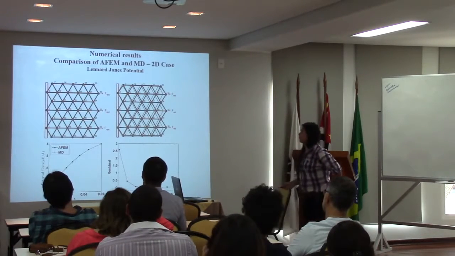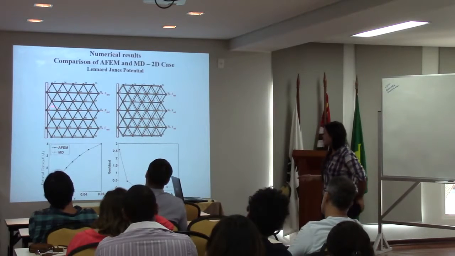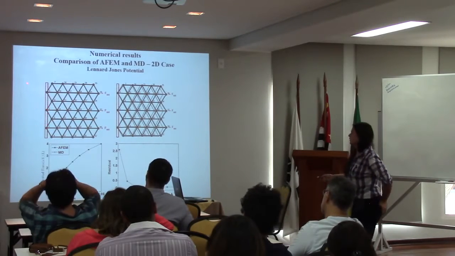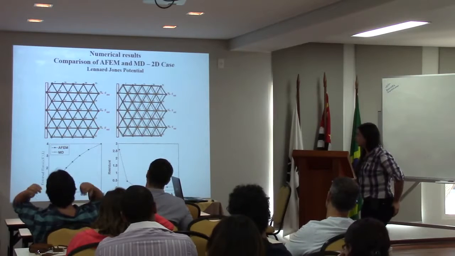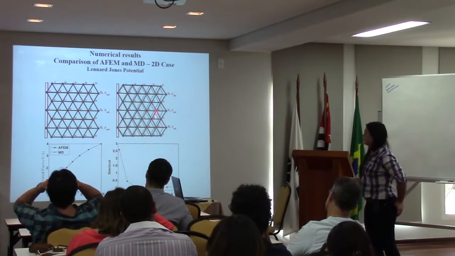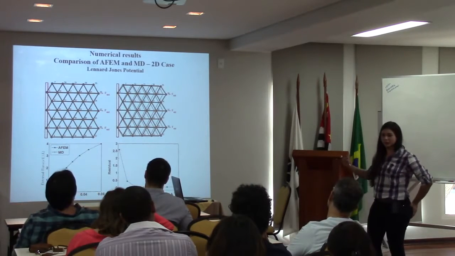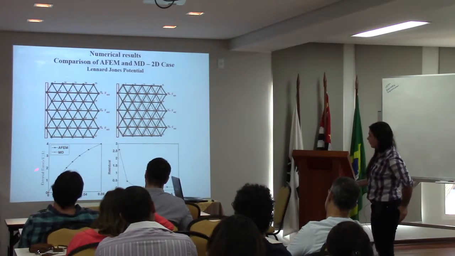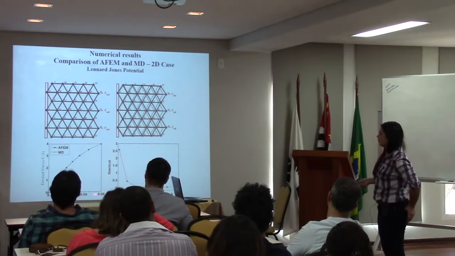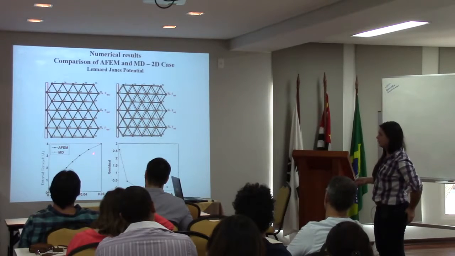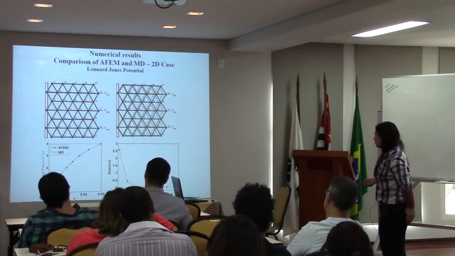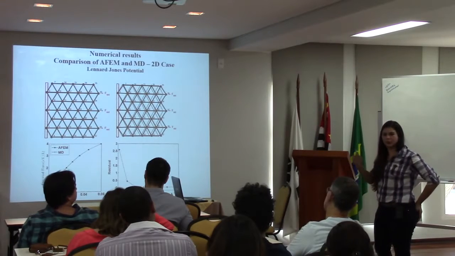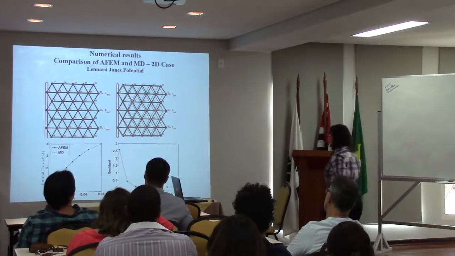The other example is we are fixing these 3 atoms and applying external force here. Here you can see the final position of these atoms for the maximum force, and the comparison of external force by strain from AFM and MD, and the convergence of AFM when we apply the maximum force.